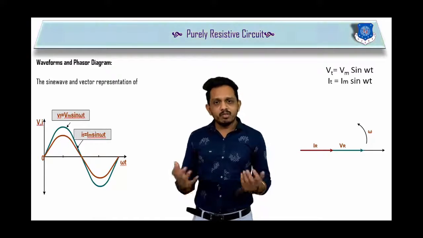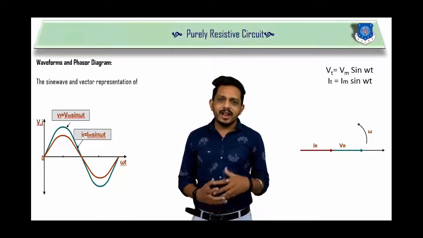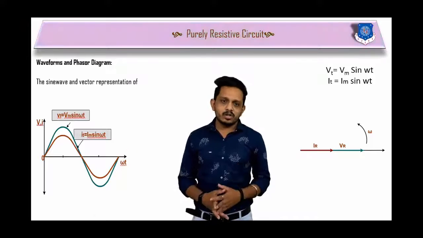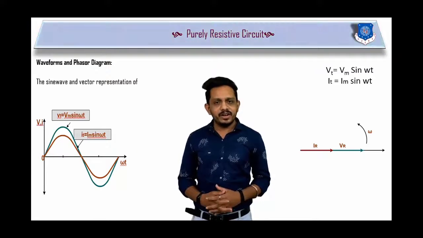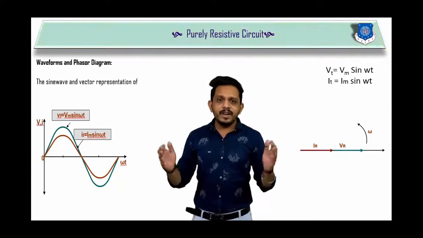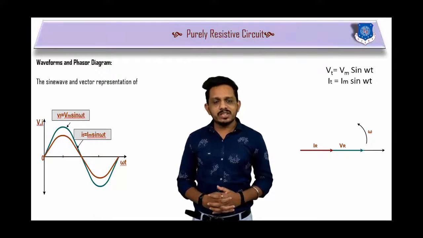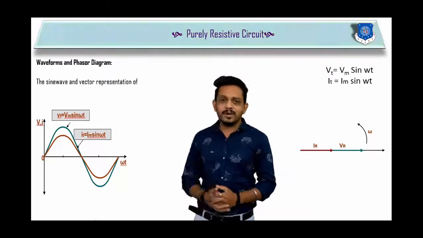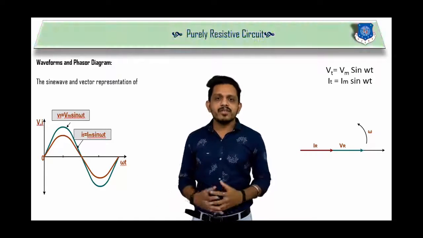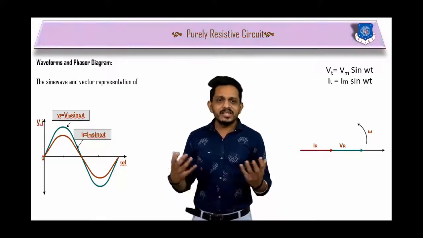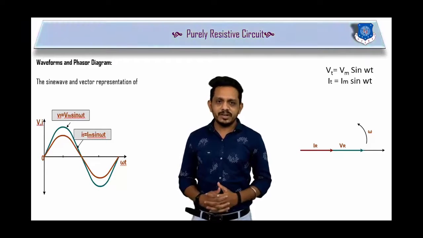If voltage completes its cycle at 180 degrees, then current will also complete at 180 degrees. And if voltage completes its full cycle at 360 degrees, then current will also complete its full cycle at 360 degrees. So this is nothing but the waveform of voltage and current in a purely resistive circuit.